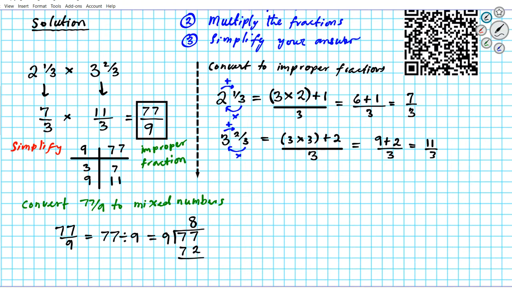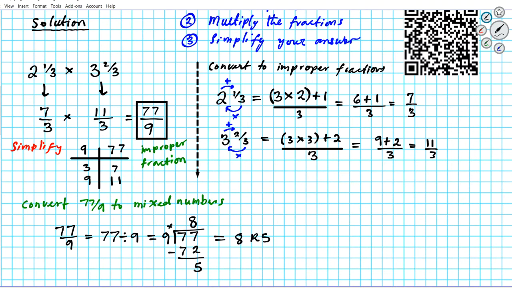Then you remember how to long divide. You divide, multiply, subtract, and then there's nothing to bring down. So 77 divided by 9 is 8 whole number, remainder 5.